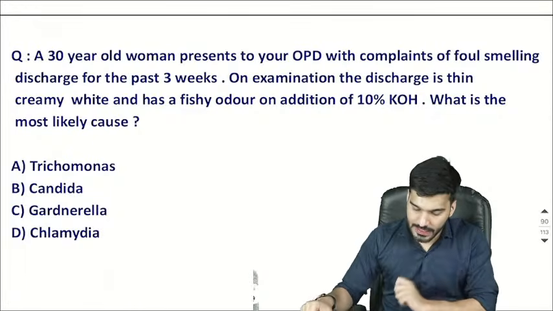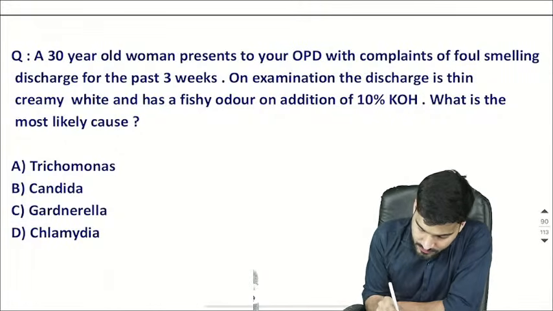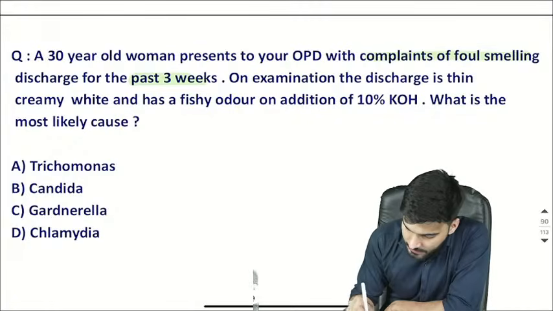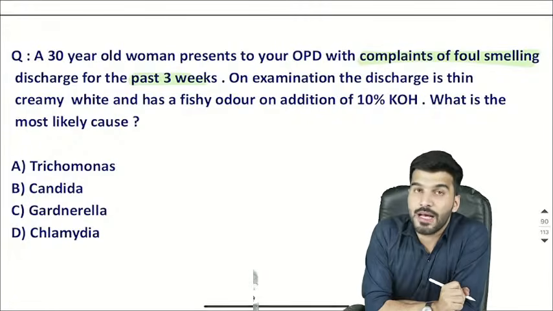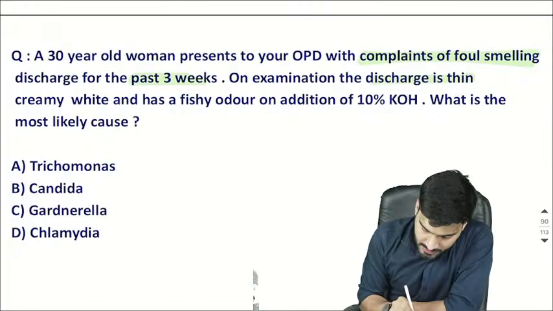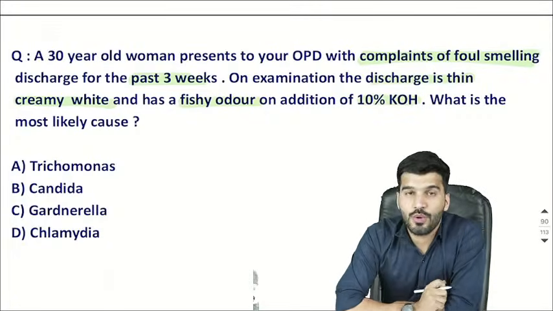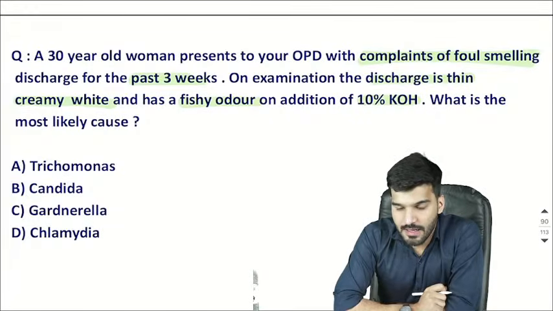So you have a lady coming to you with complaints of a foul-smelling discharge for the past 3 weeks. On examination, the discharge is thin, creamy white, and has a fishy odor on addition of 10% KOH. The classical Amsel's criteria is defined in this case.